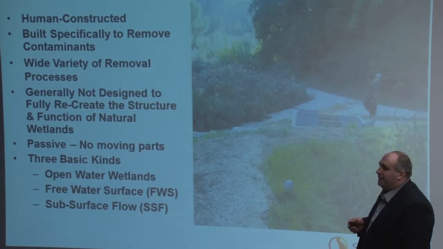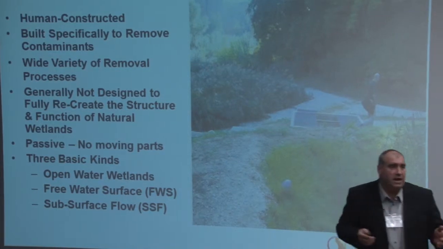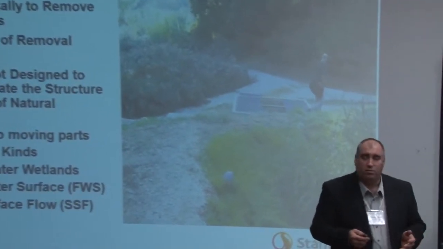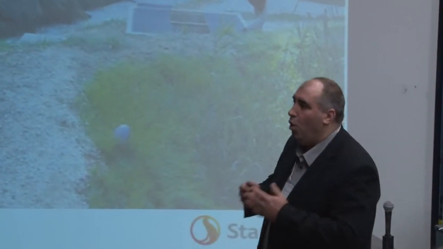There are three basic kinds of engineered wetlands. The most basic kind, the earliest version that was utilized, is like a pond wetland, right? An open water surface wetland. The second would be what we call a free water surface wetland.